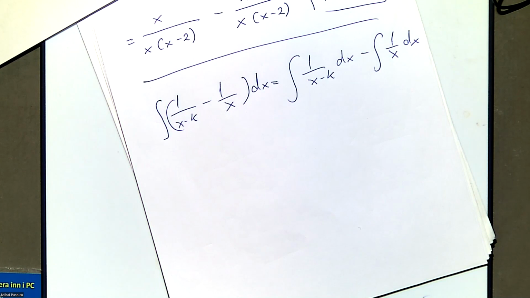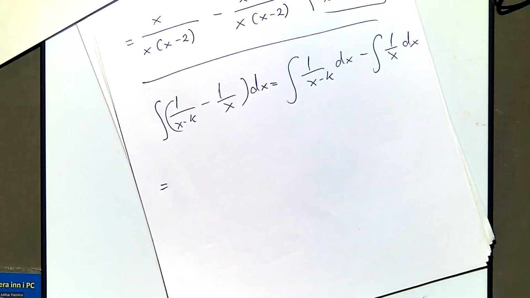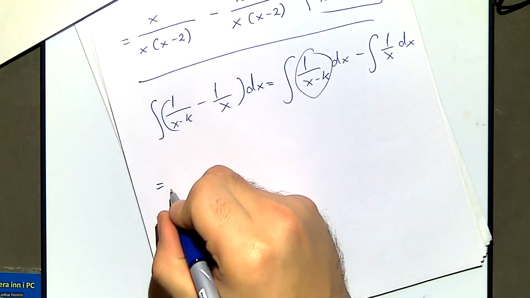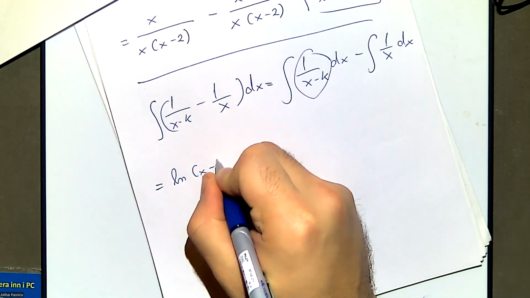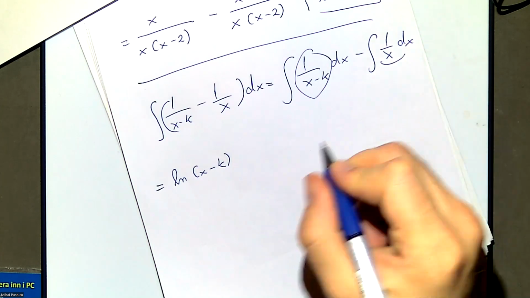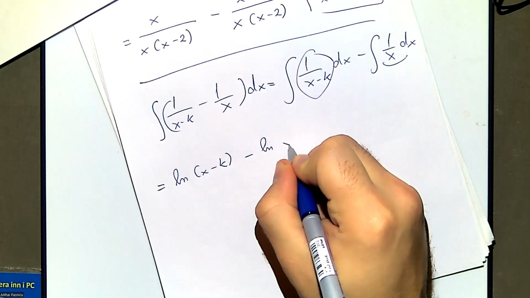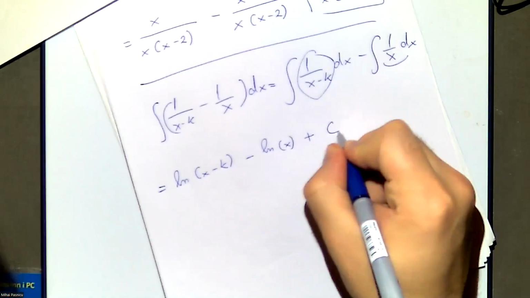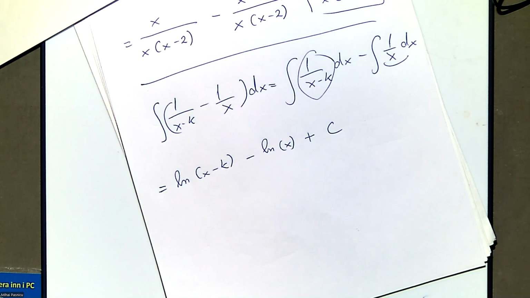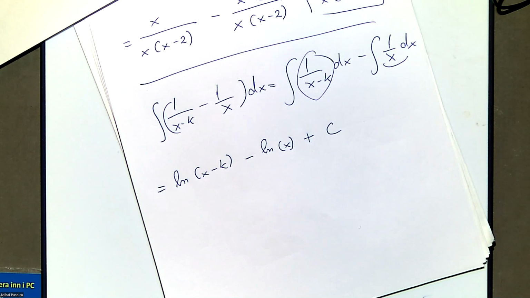What's more important is that you know what these integrals are. So my claim is that this is just ln of x minus k, this is just ln of x, and I just have a constant at the end. I'm going to assume x positive, since I don't want to bother with the absolute value.